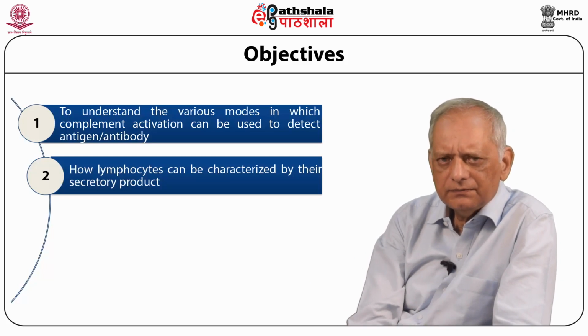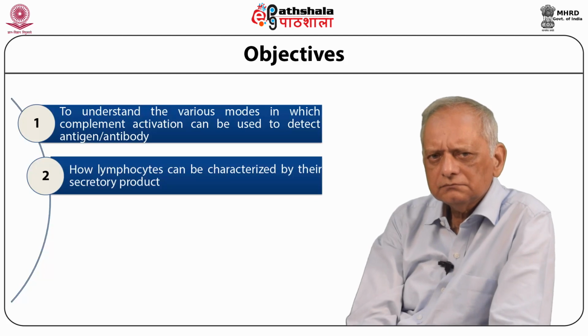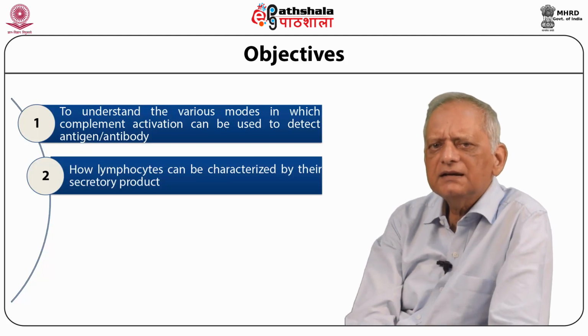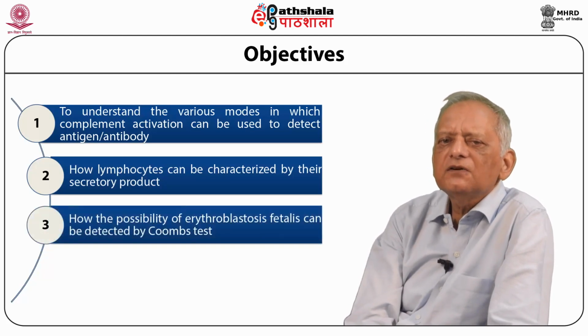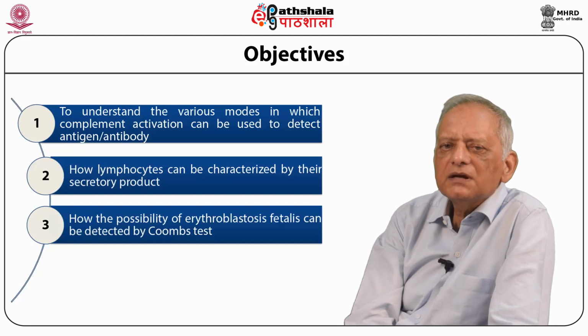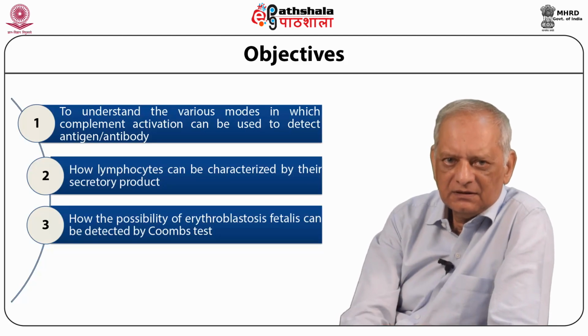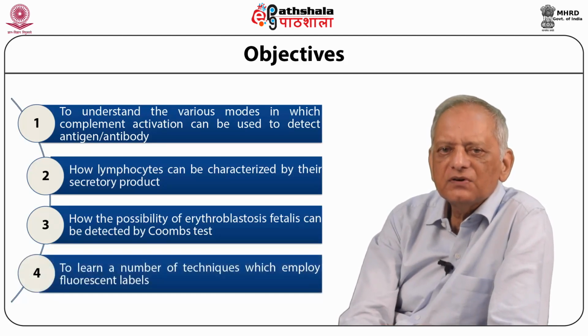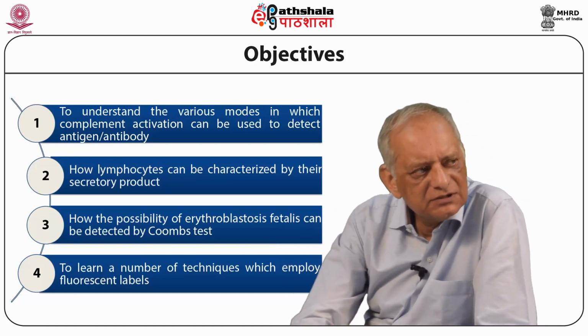We will revisit, in a slightly different way and a different context, how the possibility of erythroblastosis fetalis can be detected by Coomb's test. We will also learn a number of techniques which employ fluorescent labels.